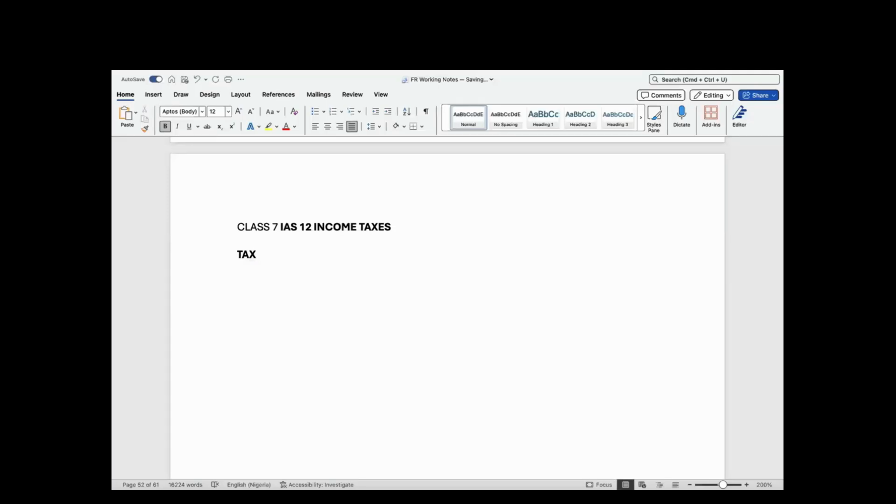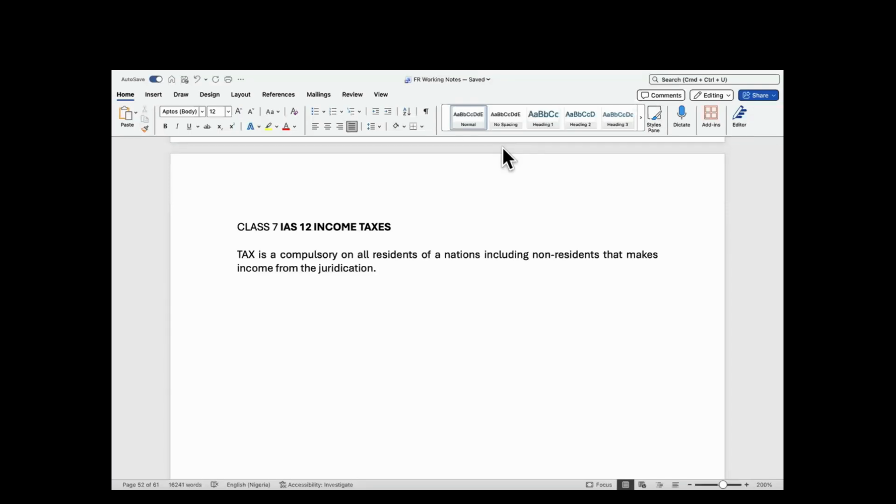And you all know that tax is a compulsory levy on all residents of a nation, in fact, including non-residents that make income from the jurisdiction. So especially with this tax reform, it's more of taxing your income.